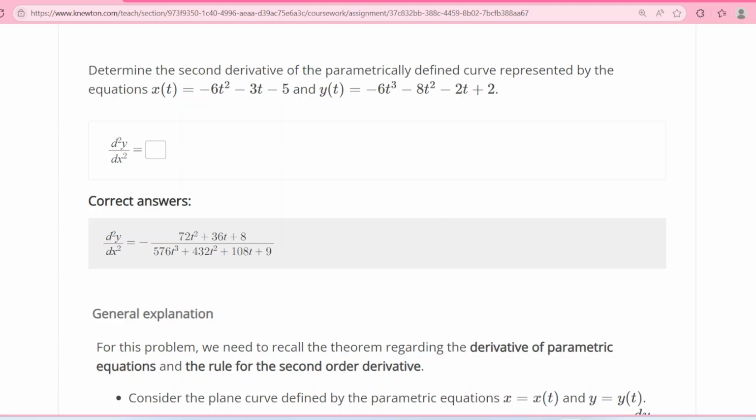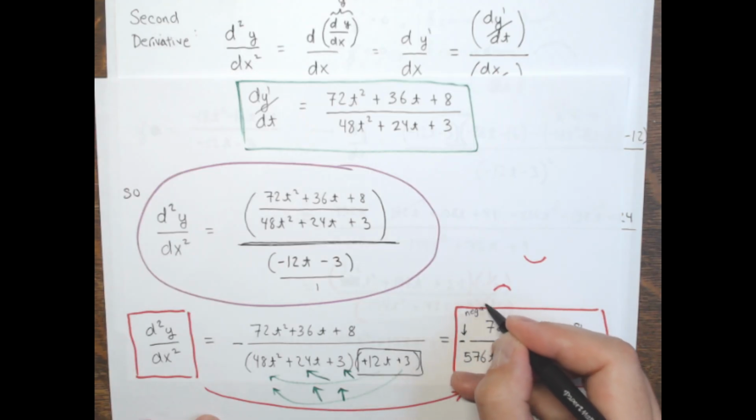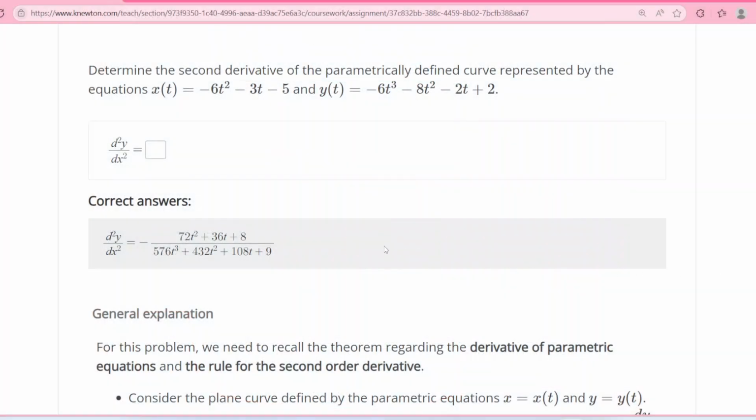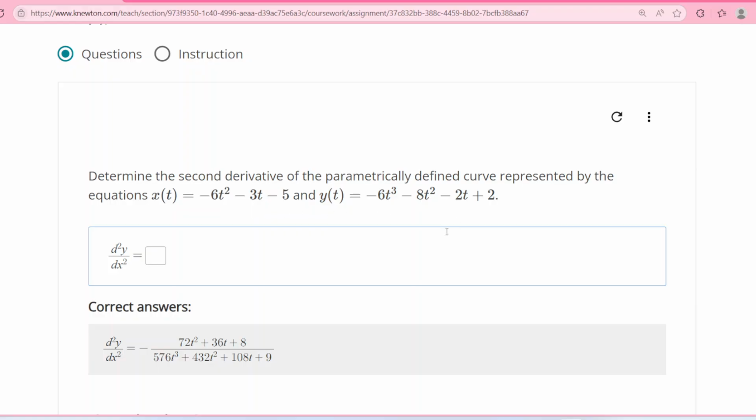I meant to do that, because look, in this factor here, they're both negative, negative 12, negative 3. So I can pull the negative out, make these plus, and then the negative comes out front. So this should have a negative. So my apologies for that. Hopefully that didn't throw you off too much, but yes, that's a lot of algebra. So it's the opposite of this. Still, this expression here, as was given here, gives us the concavity of the curve represented by these parametric equations.